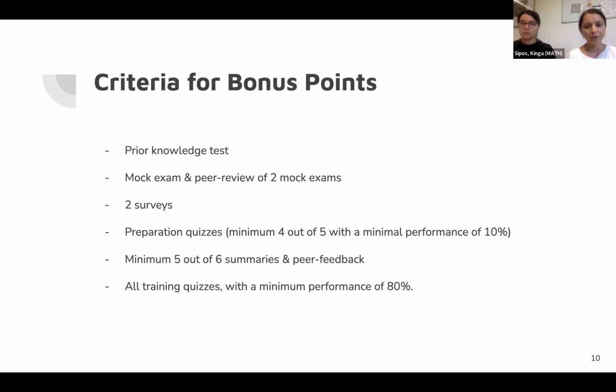But in the case of preparation quizzes and training quizzes, we introduced a certain level of tolerance, because it can happen very easily throughout the semester that you miss some of these activities, especially if you have a short deadline for them, as for the preparation quizzes. Here we wanted to make sure that students do the preparation quizzes before they come to the course. And that's why the deadline for completing them was relatively short.